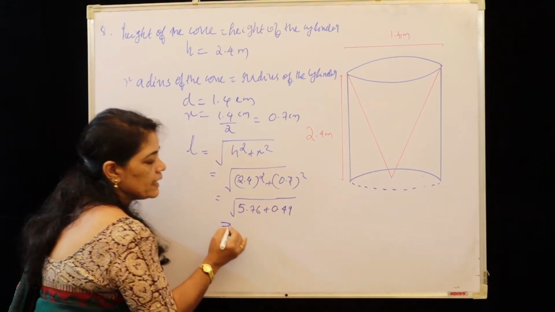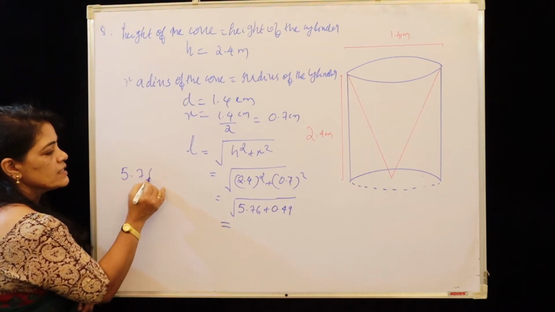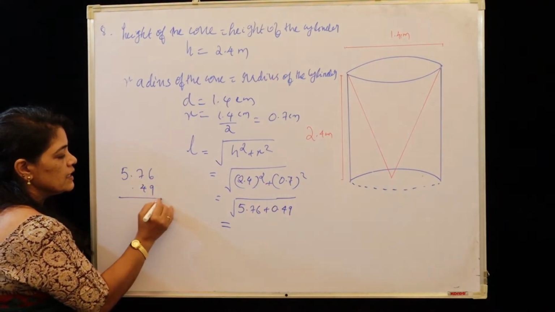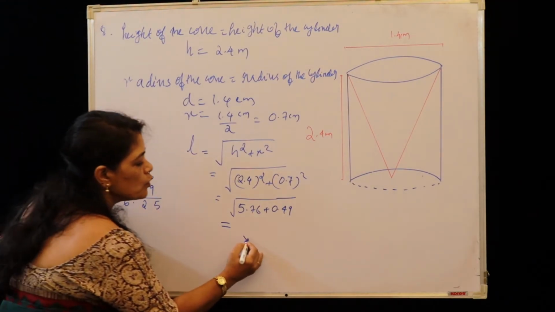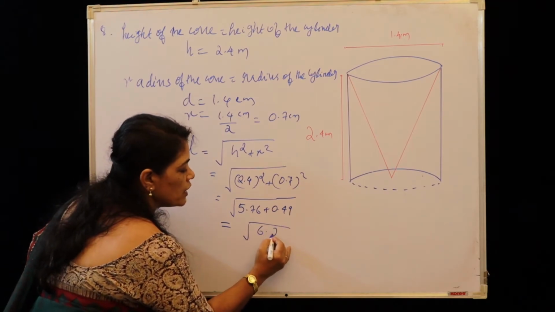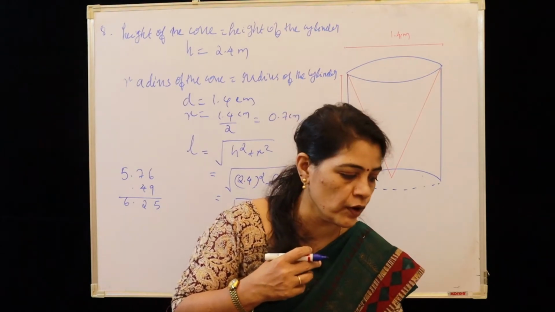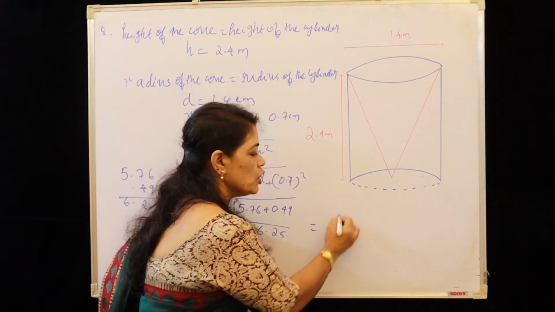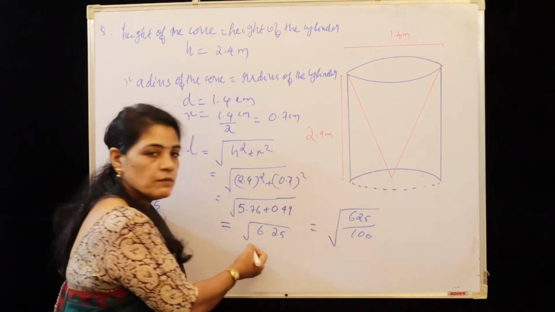So by adding, you will have 5.76 and 0.49, that is 6.25. Root of 6.25. You can write the equivalent fraction for the decimal number 6.25, and that is root of 625 by 100, 2 decimal places.